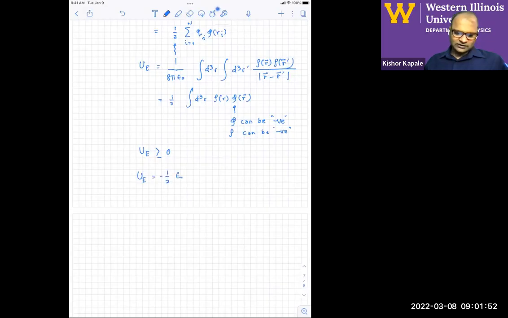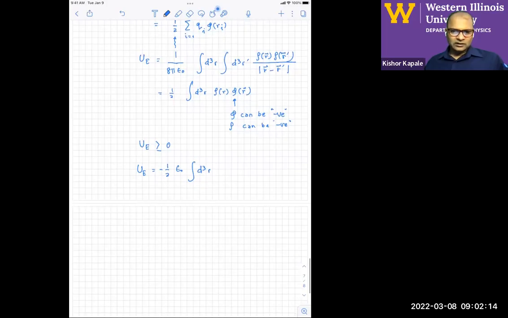So 1/2 epsilon 0, integral of d cube r... okay, let me see, where is this coming from? Let me add a couple of steps here.